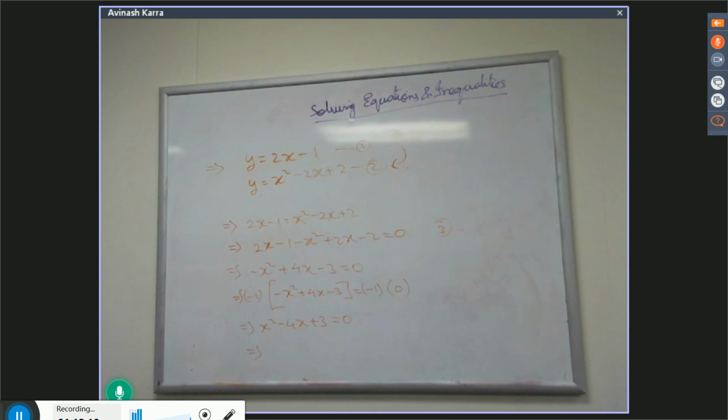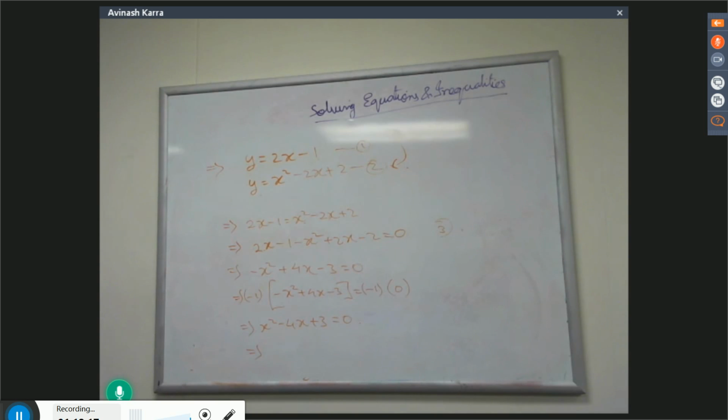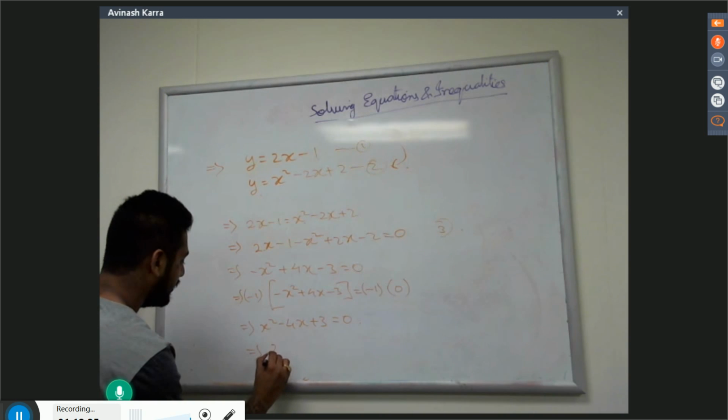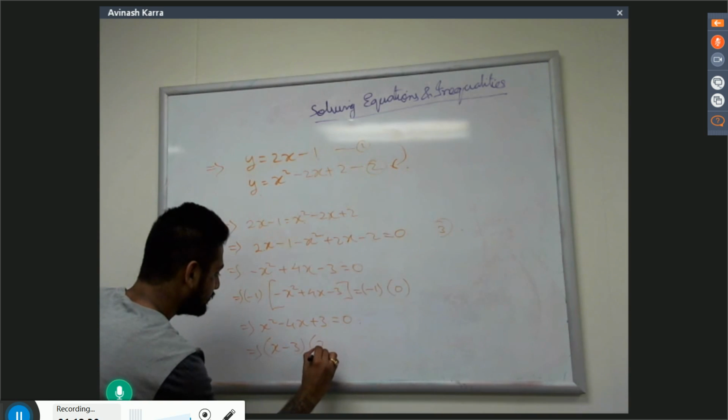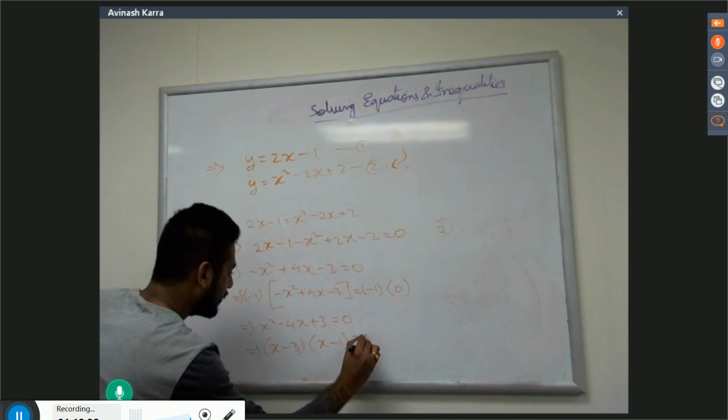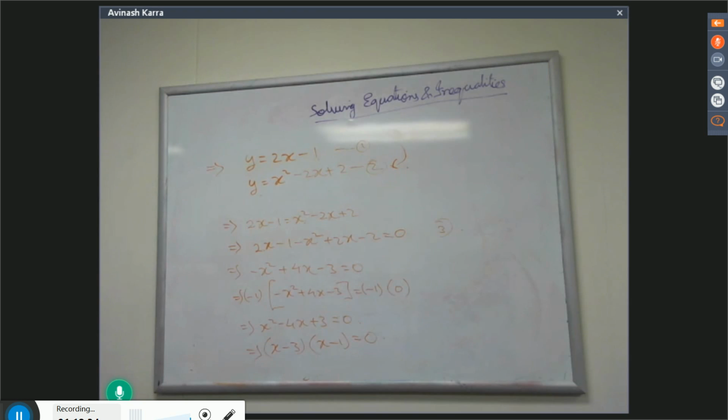In the previous class, I explained how to do it. Oh, yeah, okay. I know how to do that. I remember that. Yes. Okay, so 3 times 1, so it's negative. x minus 3 times x minus 1. Perfect.